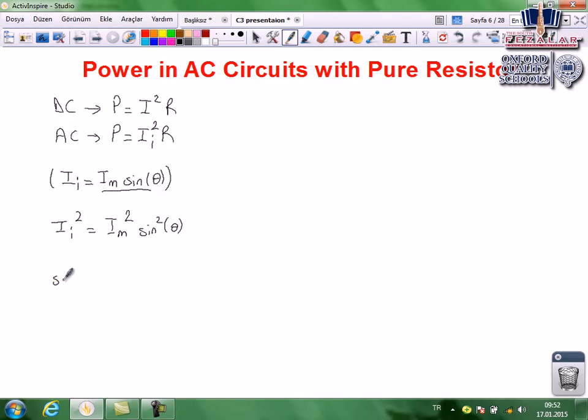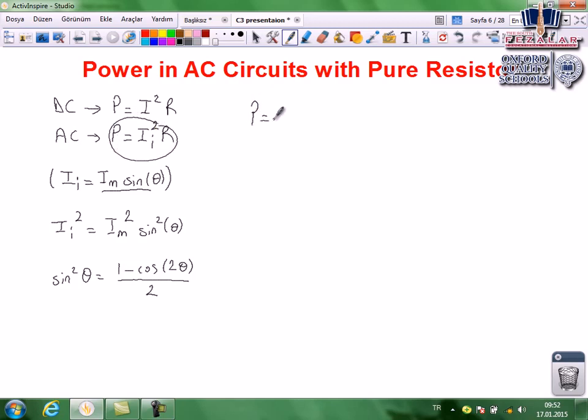Sine squared theta can be written as (1 minus cosine 2 theta) over 2. Let's rewrite this equation.